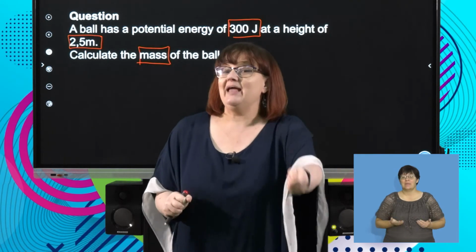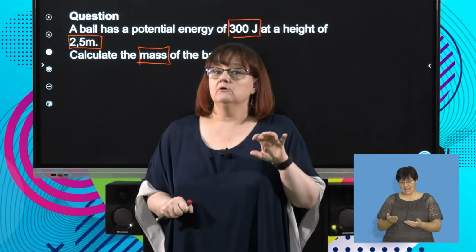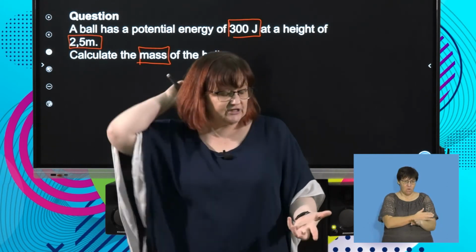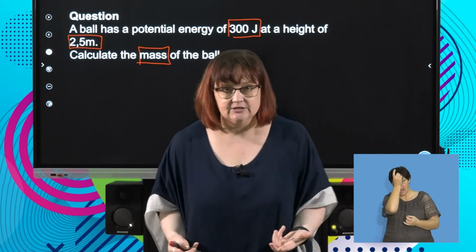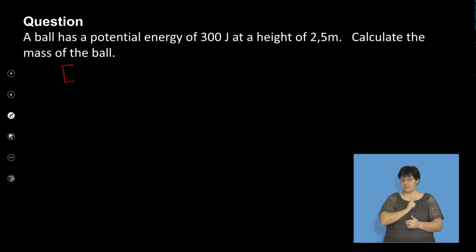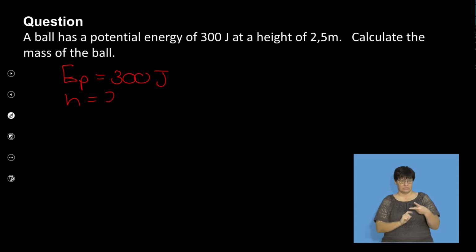I'm expecting a small mass. Okay, so even before I start the question, I'm thinking about the information that's been given to me. So, they tell us potential is 300, height is 2.5, and they want m.